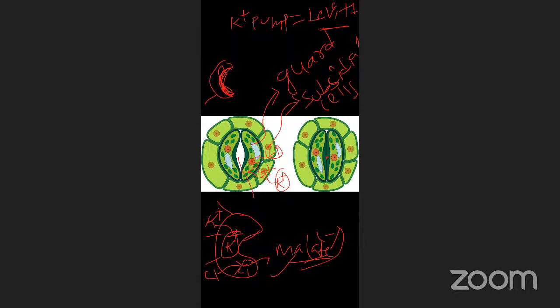Apart from the malate, the extra anion in the form of Cl minus entered the guard cell. As a result, which is increasing, positivity or negativity inside the guard cell?